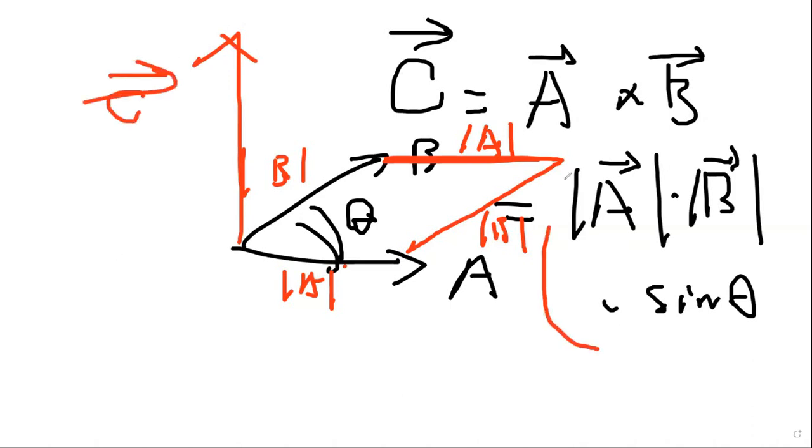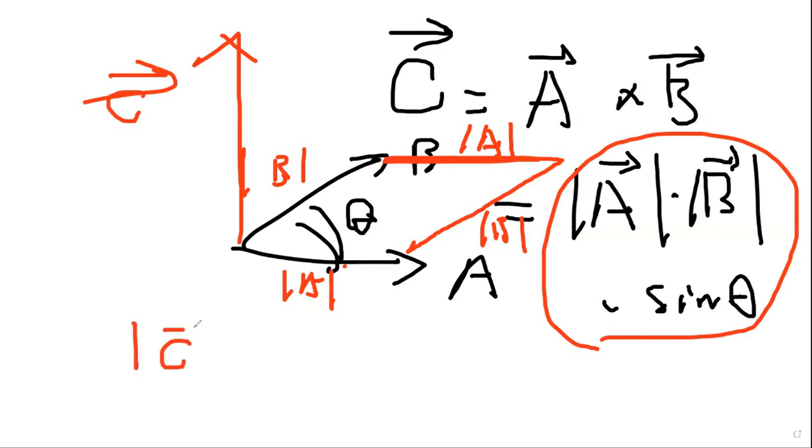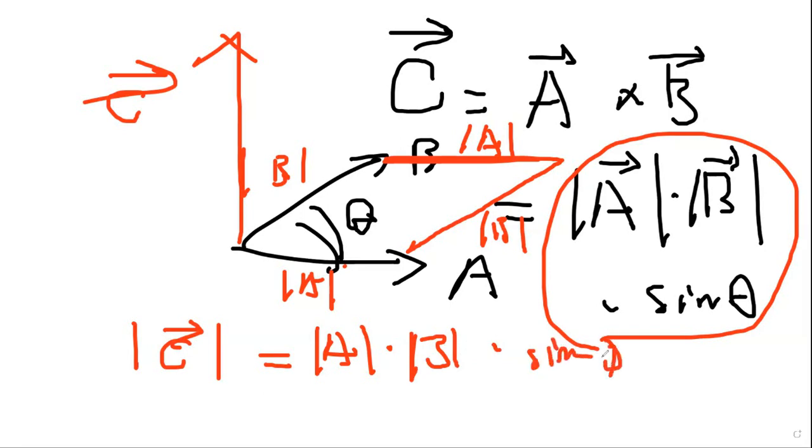Magnitude wise, C's length is equal to A's length times B's length times sine theta. Direction wise, it is perpendicular to both.